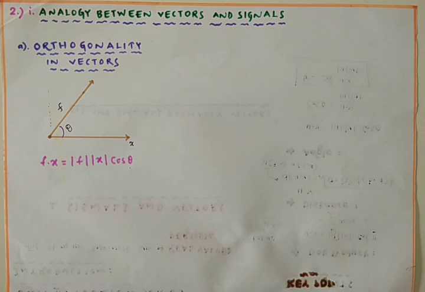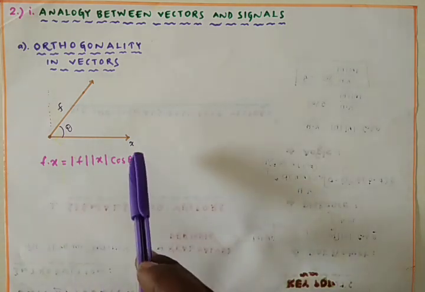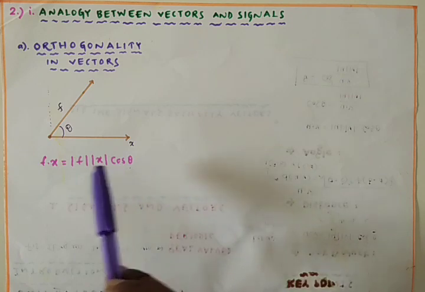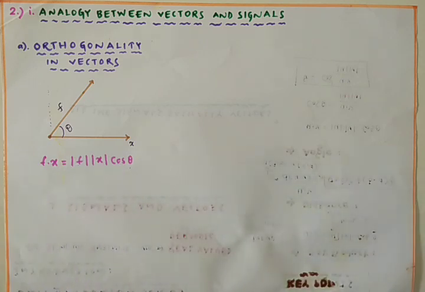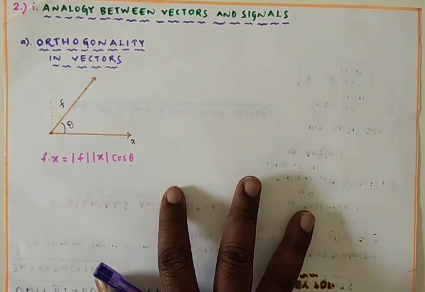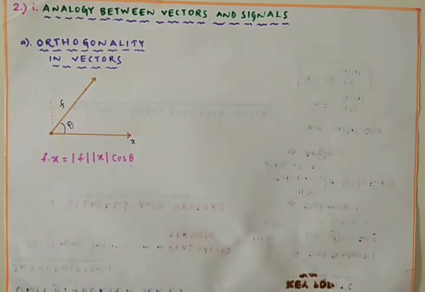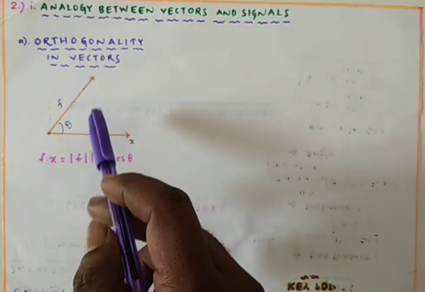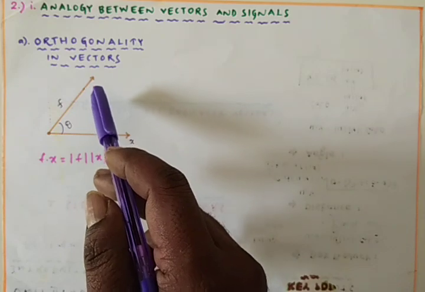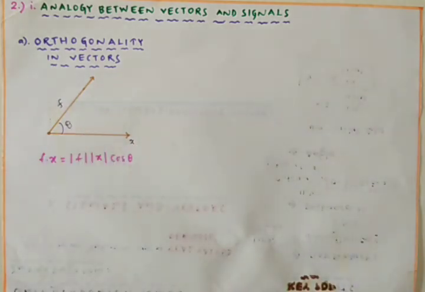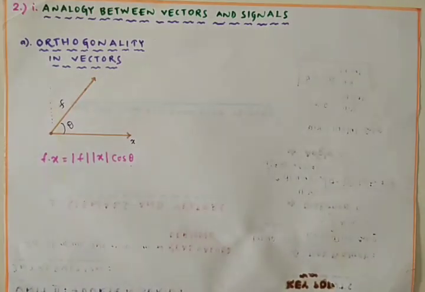Here theta is the angle between the two vectors f and x. Likewise, we can define orthogonality in vectors. Now I am going to define the projection of vector f along the other vector x. So here I am going with one particular analysis now.